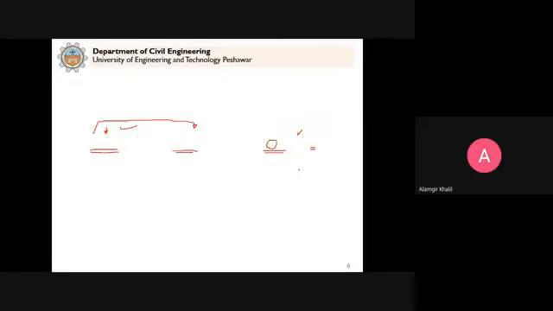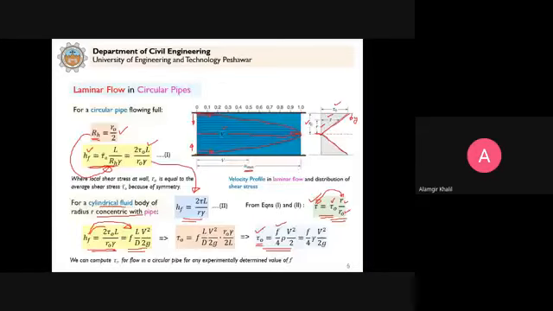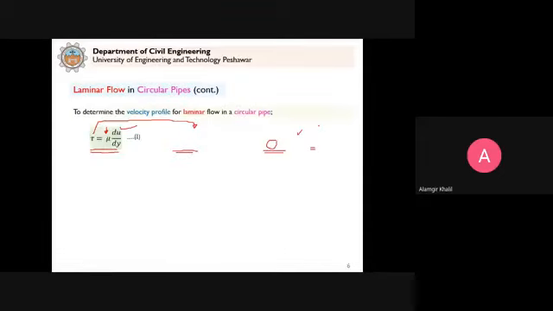If I go back here, as I said, this r is from the center towards the pipe wall, but this y is from the pipe wall towards the center of the pipe. So these two distances move in opposite directions. That is why, if I replace dy by dr, we have to put a negative sign.